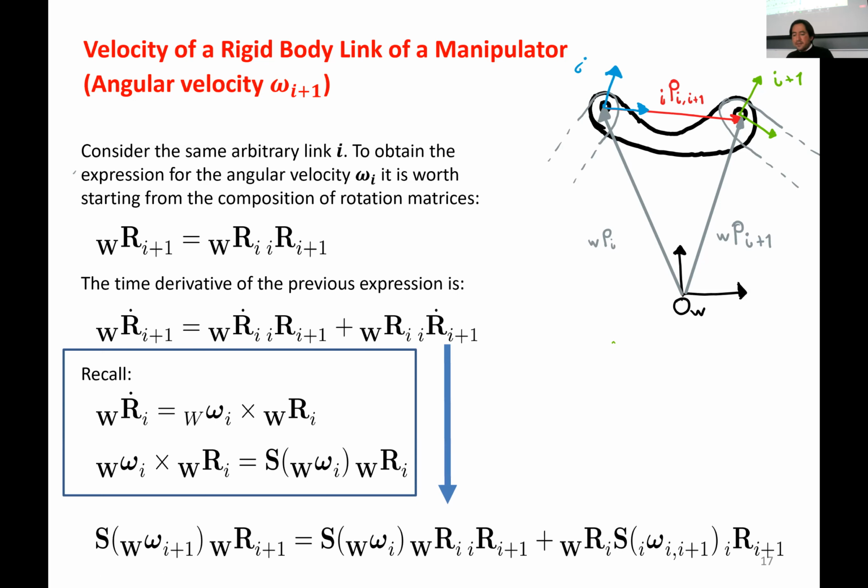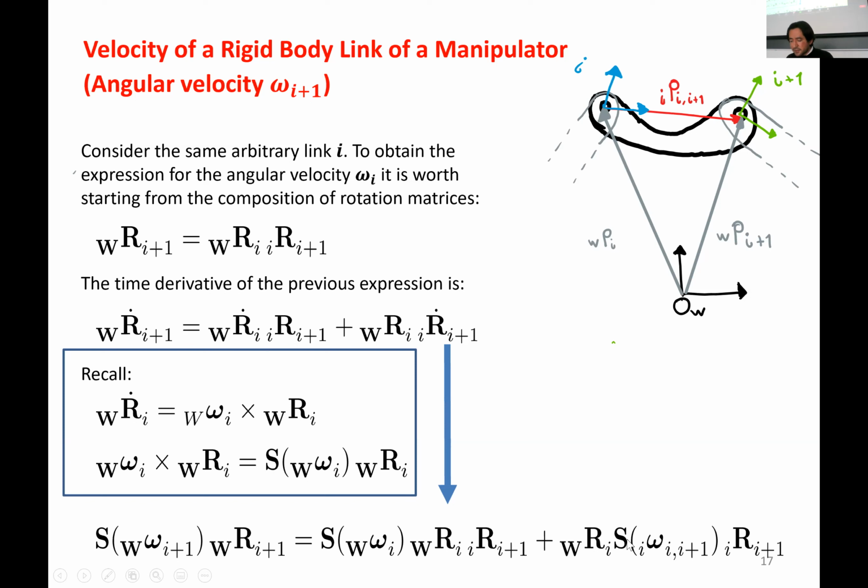If we replace these two expressions in the expression on top, we get that the time derivative of the first term, which is the skew symmetric matrix of omega multiplied by the rotation matrix of I plus 1, is equal to the skew symmetric matrix of omega, where we replace the first rotation matrix by the skew symmetric matrix times the rotation matrix, multiplied by the rotation matrix from I to I plus 1.